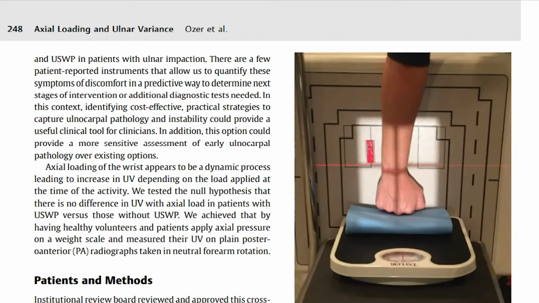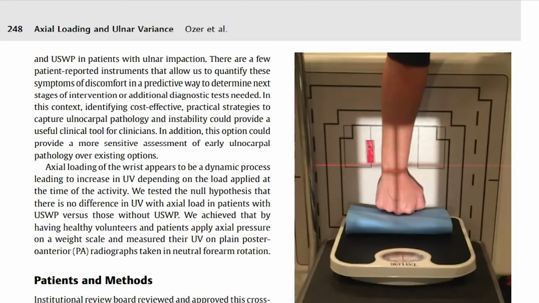This is an easy position. It's posterior, anterior. It's pronated. It's controlled. The elbow here, it mentions it's neutral, but controlling the elbow is kind of important. And I wonder about the influence of the elbow position in this particular X-ray, but this is pretty nice. I love how they're using an analog scale.